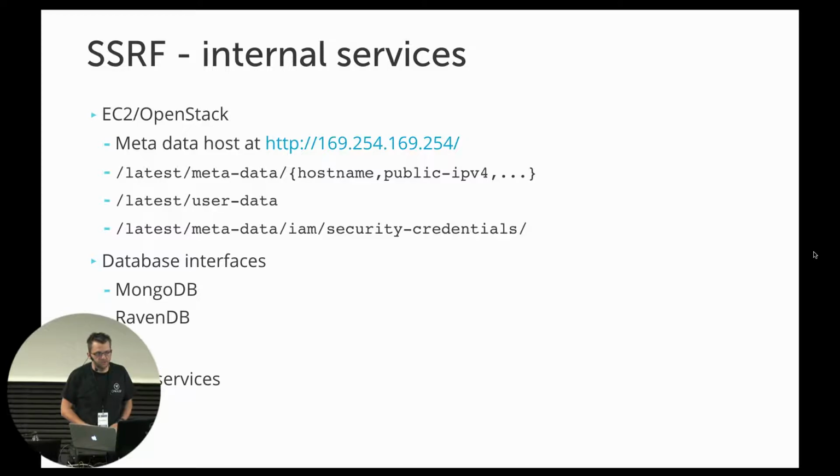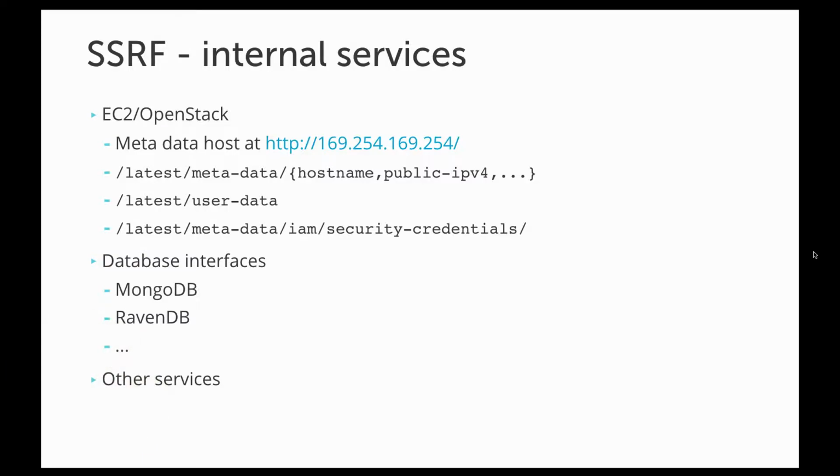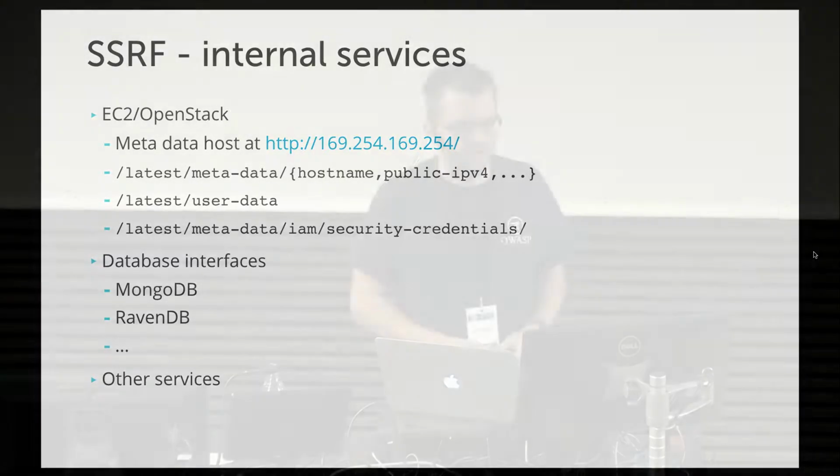And then we have this special IP, 169.254.169.254, which is the metadata host. And this host contains a lot of information about the running node. And most specifically, it contains a path that you see at the center there called latest/meta-data/iam/security-credentials, which can allow us to get keys to log into the host, which can be pretty bad.